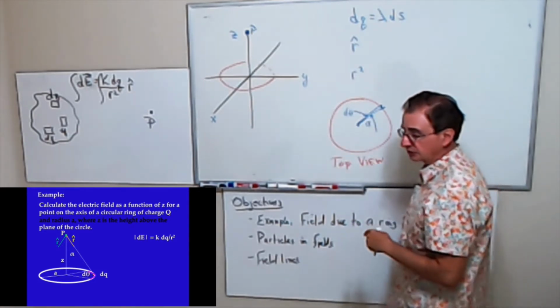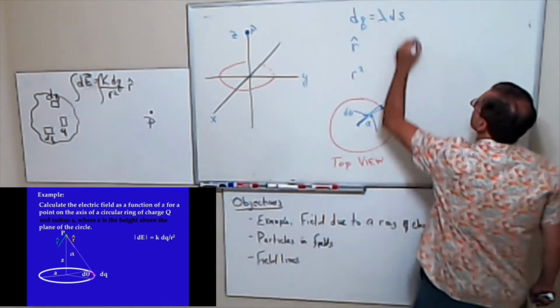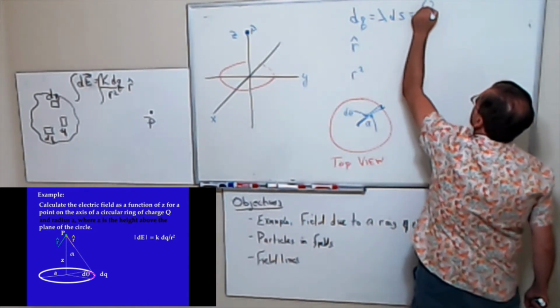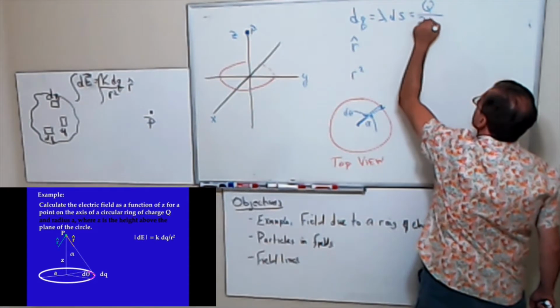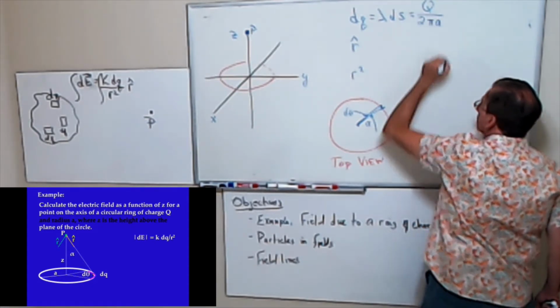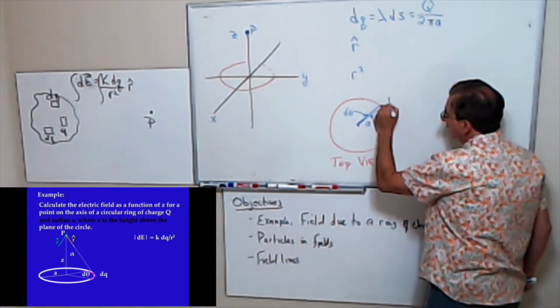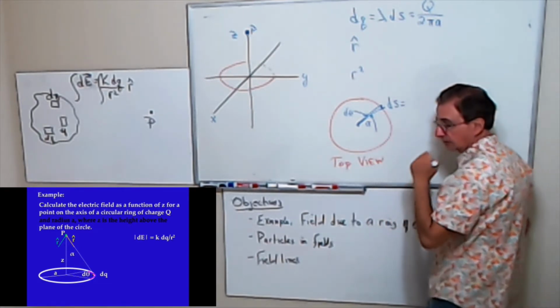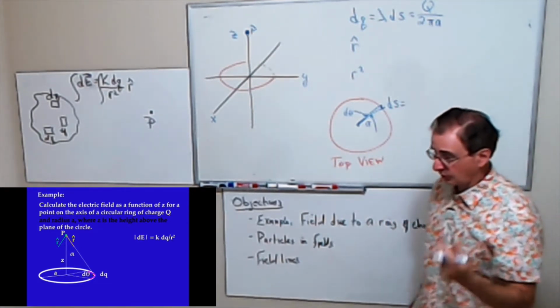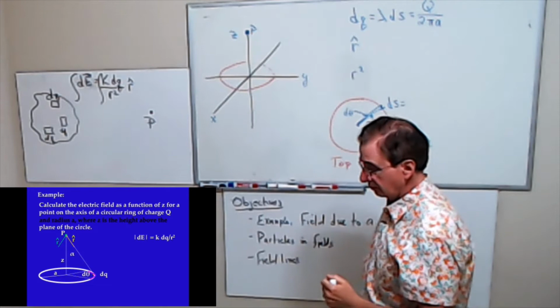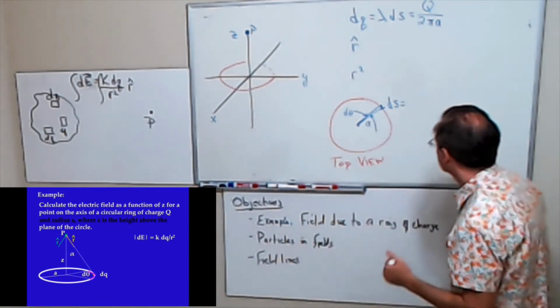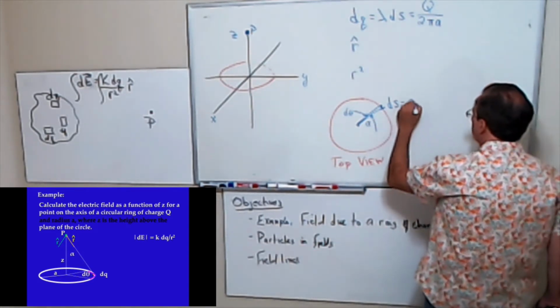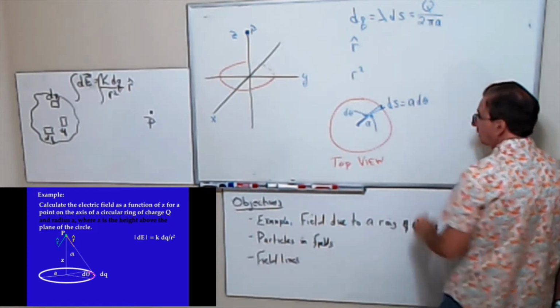Well, the length of that ring is the circumference of that ring. And then this arc length ds is basically radius times the angle, which in this case is infinitesimal.